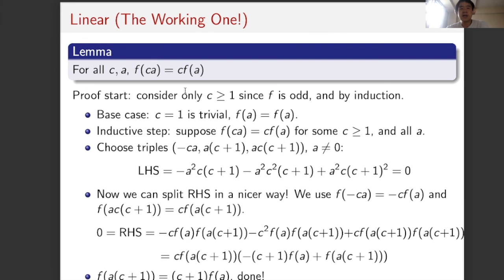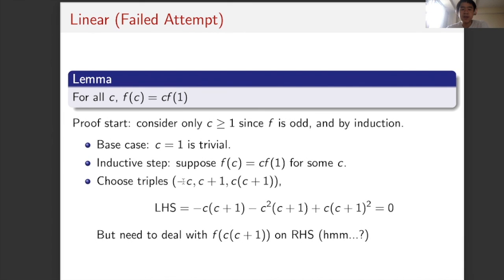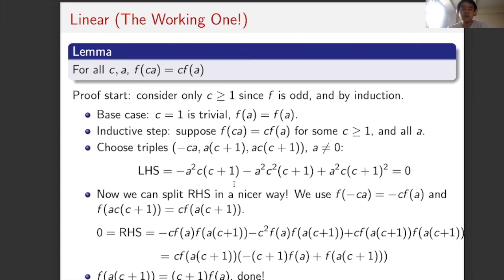Now, how do we plug the triples? So instead of doing minus C, C plus 1, and C times C plus 1, we multiply A by each side. And of course, we recall that A is not 0. So the left-hand side is still 0. The right-hand side can be split in a nicer way right now, because just now we were worried about the fact that we did not deal with f of c times c plus 1. But now over here, AC times C plus 1, we can actually bring the C out simply because we have a stronger building block.